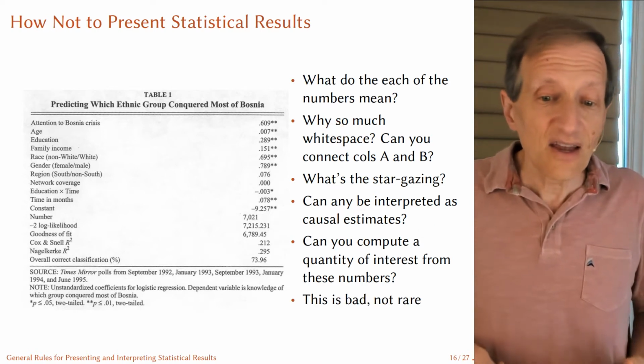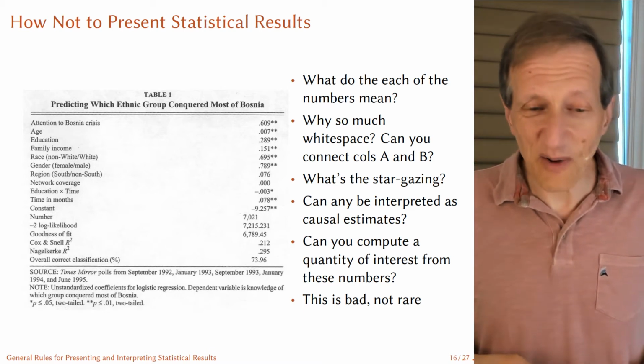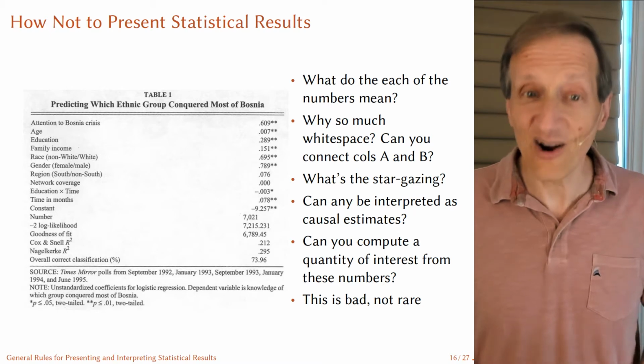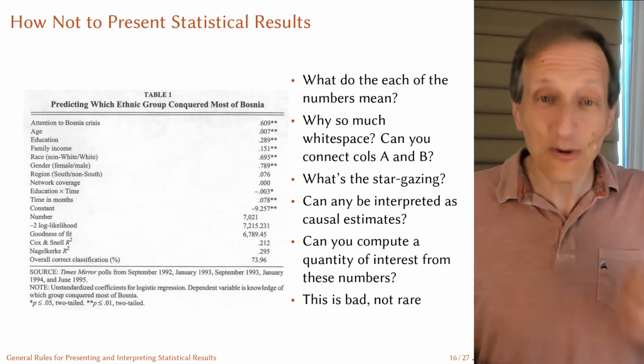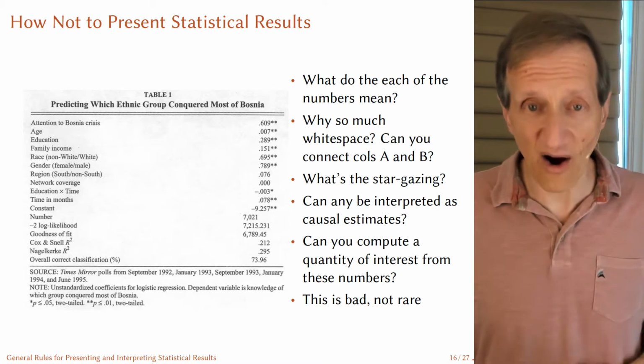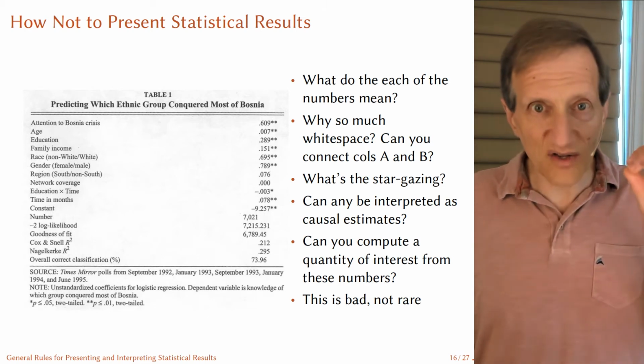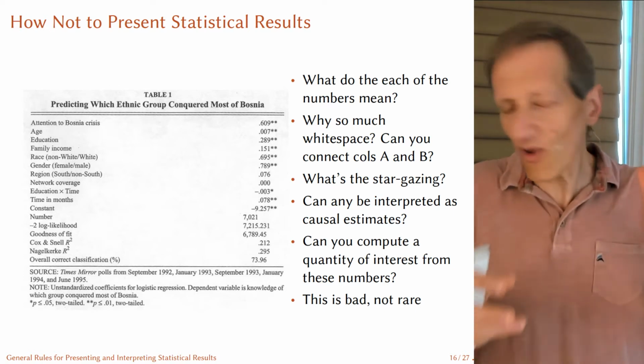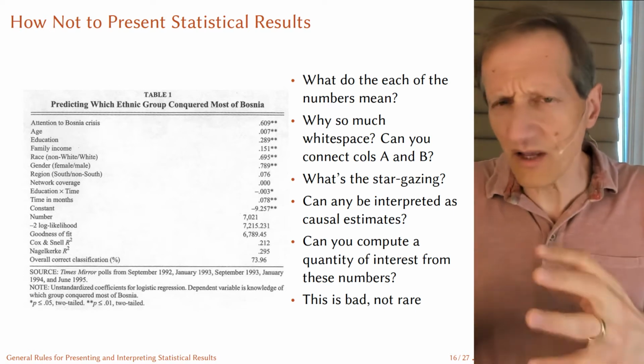This is not a good representation of how to present statistical results, but it's not rare, and I think we should all aim to make it more rare. Once you make your results crystal clear, it actually changes the entire analysis. People often will write their paper before they're really clear on what their results are.